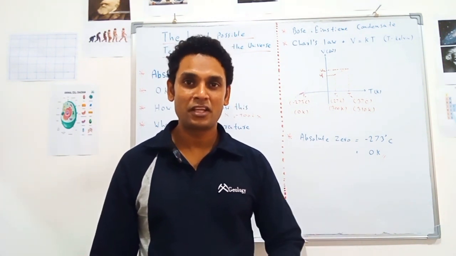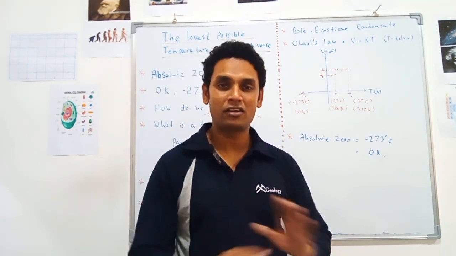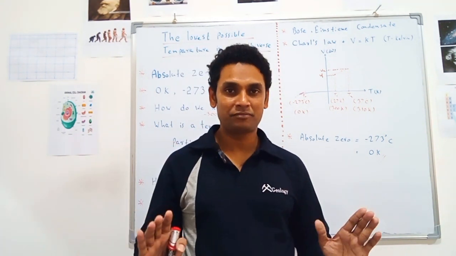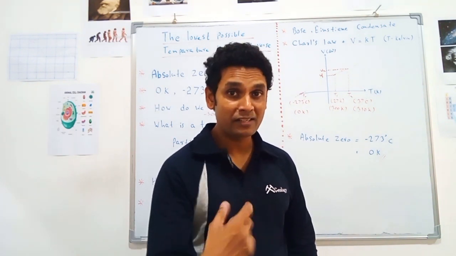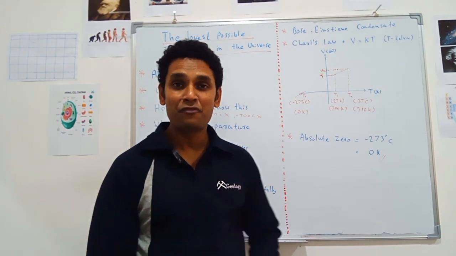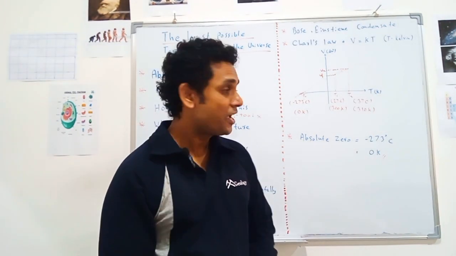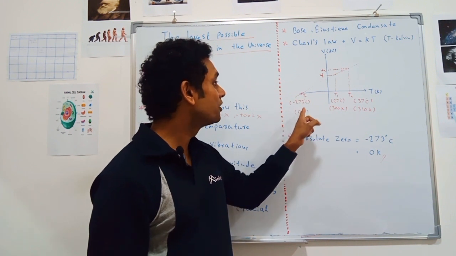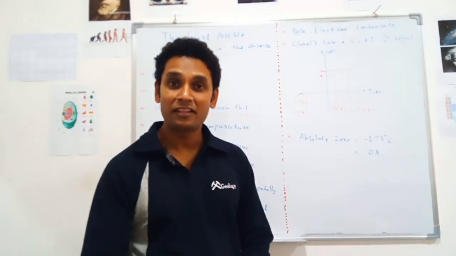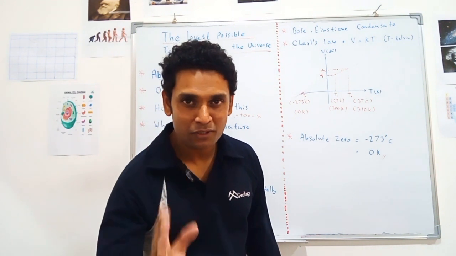This case is common anywhere in the universe. Anywhere in the universe, we can't drop the temperature any further than minus 273 degrees Celsius or 0 Kelvin, and that particular temperature is called absolute zero.